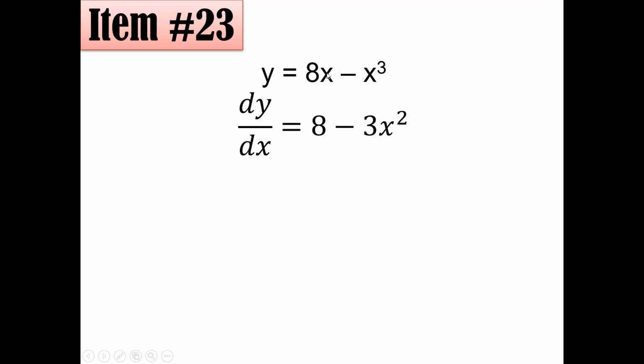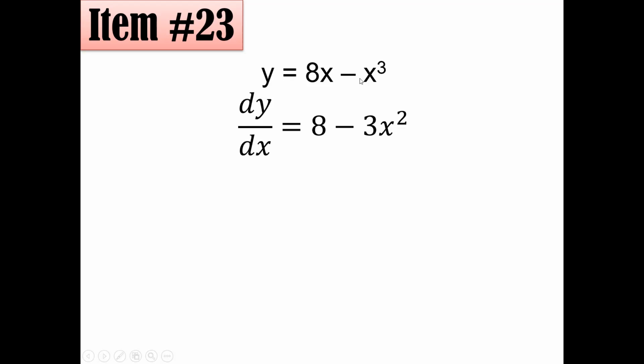I will just use a shortcut. Yung exponent ng x dito ay 1. 1 times 8, that's 8. At saka isa-subtract natin ng 1 yung exponent ng x. This is x raised to 1 minus 1, which is 0. And x raised to 0 is equal to 1, assuming that x is not equal to 0. So 8 yung derivative nito.